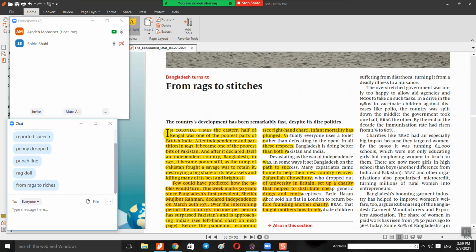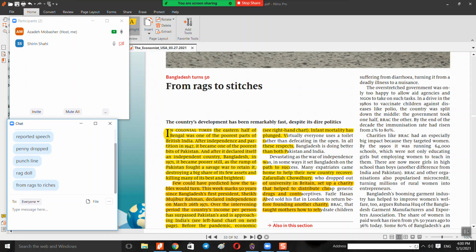Okay. Would you please read the subtitle, The Country's Development? The country's development has been remarkably fast, despite its dire politics. Yes, very good.